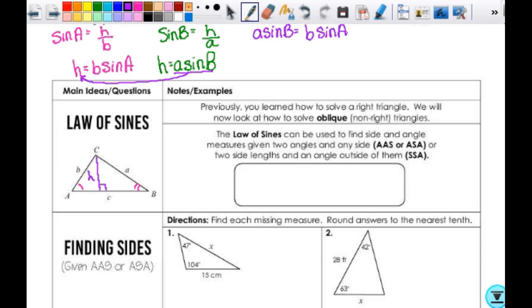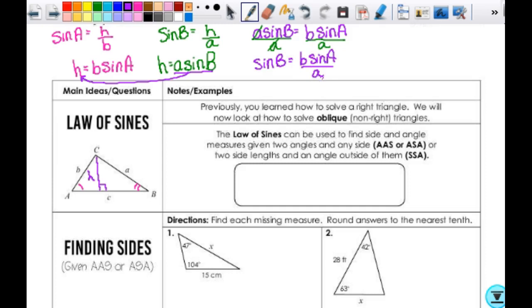So now I want to leave the sines in the numerator. I'm going to get fractions out of this. So I want to move this a. I'm going to divide both sides by a, the little a, and those cancel out. So now I have the sine of B is equal to b times the sine of A over a.